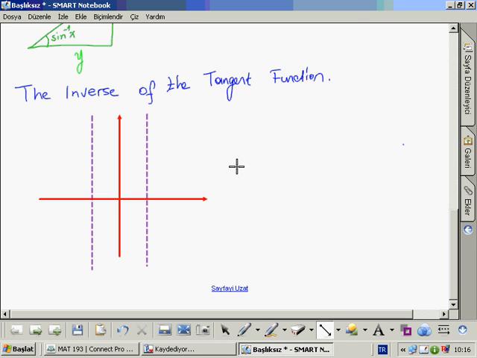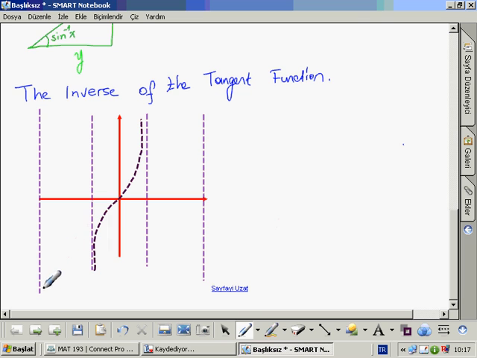Let me sketch it again. This is the tangent function. Let me sketch the other asymptotes. These are tangent functions.